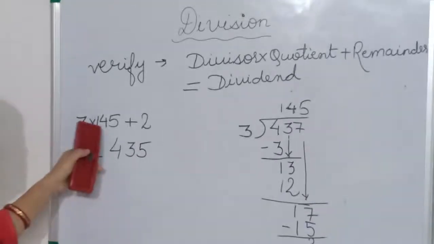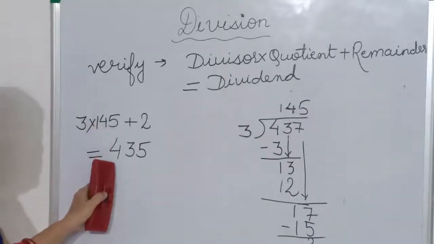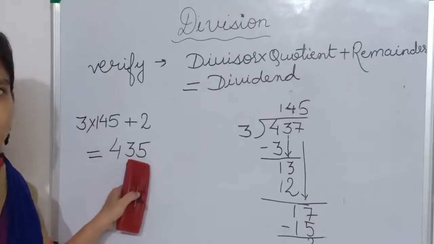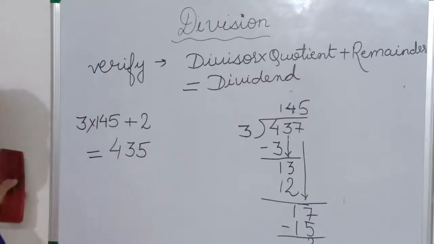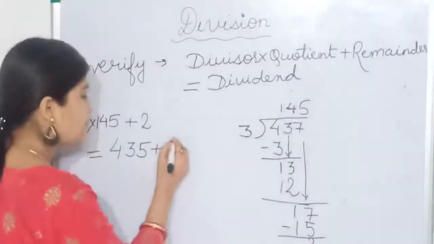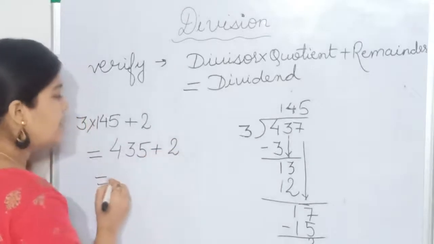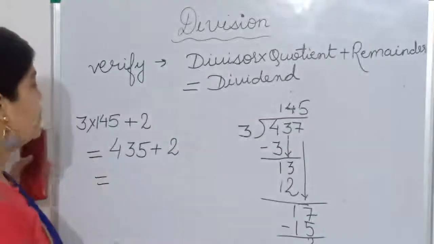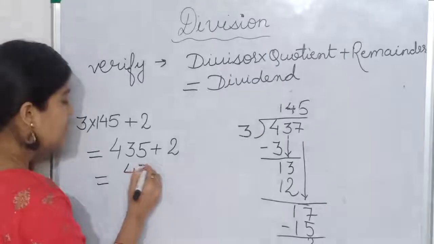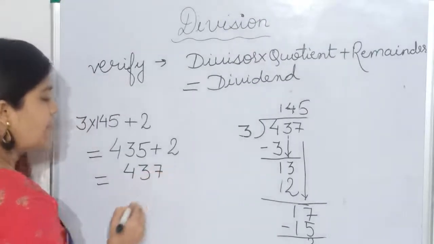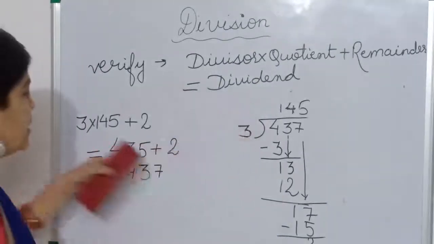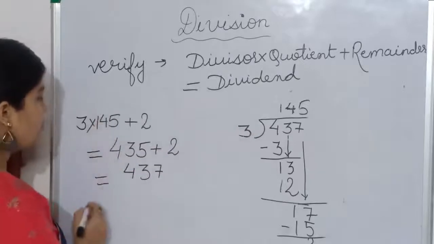After multiplying 3 and 145, we get 435. Then we will add 2 here. So 435 plus 2 will be 437. And this number is equal to what? Dividend. So the formula is right.